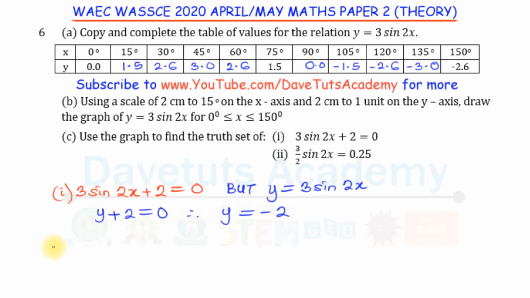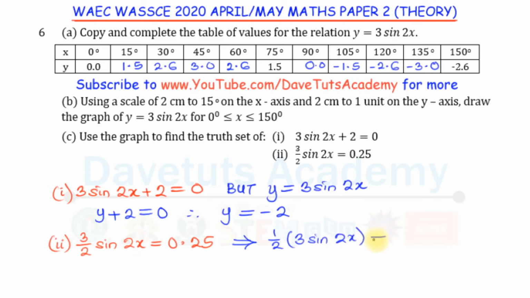What about the second case, in which we are told that 3 over 2 sine 2x is equal to 0.25? Already we know that 3 sine 2x is y. So this particular equation, I can rewrite as 1 over 2 multiplied by 3 sine 2x to give me 0.25. And look at this, 3 sine 2x, is that not y?